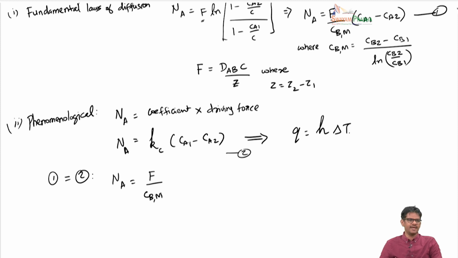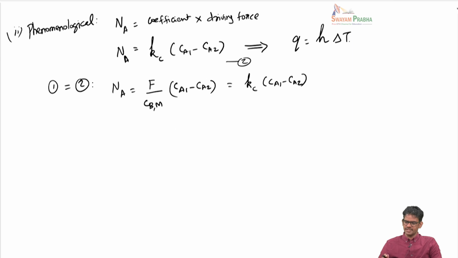Here CBM is the log mean concentration difference of the species B, which is non-diffusing in this case. So by comparing these expressions, we see this coefficient F, the local mass transfer coefficient F, is related to Kc times CBM.